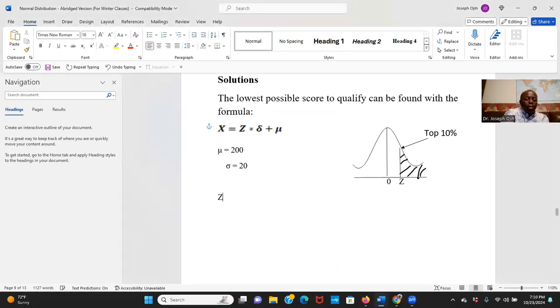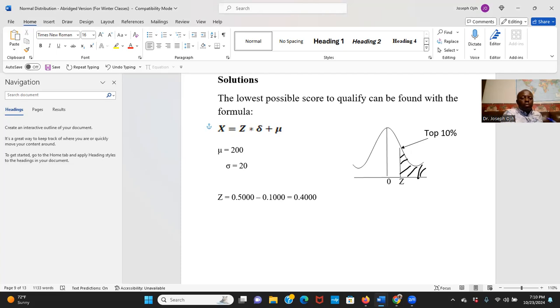Remember, when we're using the procedure chart, when it's at the tail, we do 0.5 minus 10%, which is 0.1, which is 0.400.